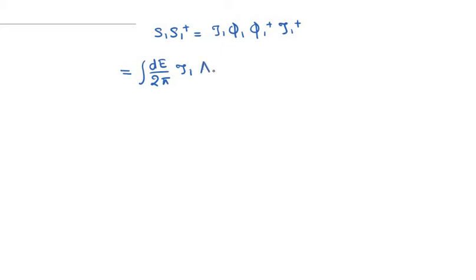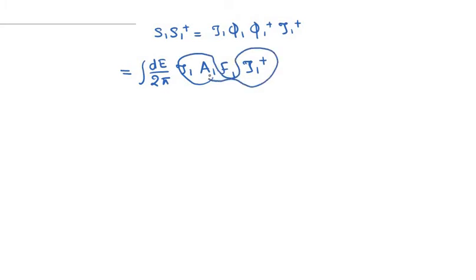Now this S1 dagger is equal to tau 1 phi 1 dagger tau 1 dagger. So we replace this phi 1 dagger by the spectral function, and we write it as integral of dE by 2 pi, tau 1 phi 1 dagger we replace it by integral dE by 2 pi a1 f1 tau 1 dagger, and then we basically replace this entire part.